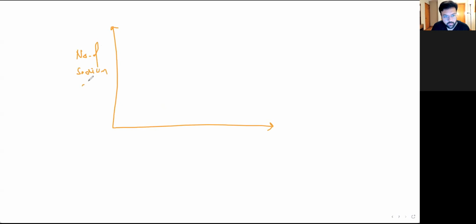Okay, that brings us to this beautiful graph. If I write on the x-axis the number of sodium channels blocked, and on the y-axis time, and I'm giving you three options: this is graph 1, graph 2, and this is graph 3.